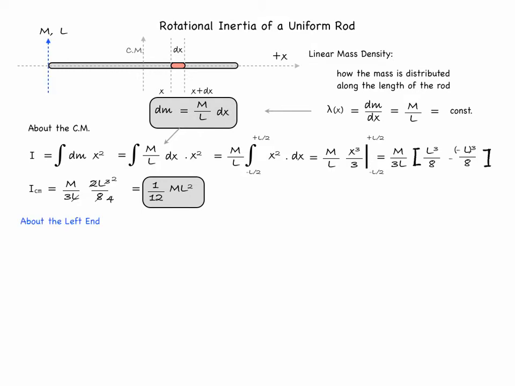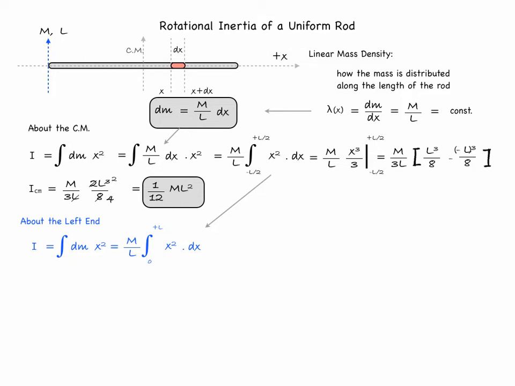Now what about if we need the rotational inertia of the rod about its left end? We will have to start again with the same integral of dm x squared, which eventually will lead to m over L integral of x squared dx. The only difference here now are the limits.